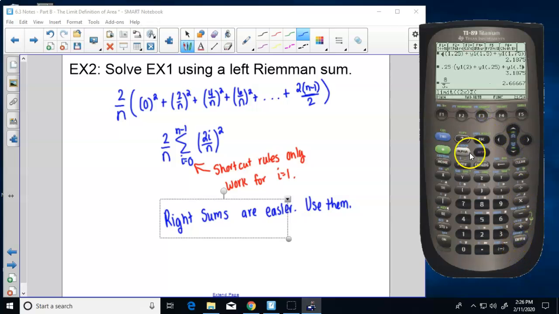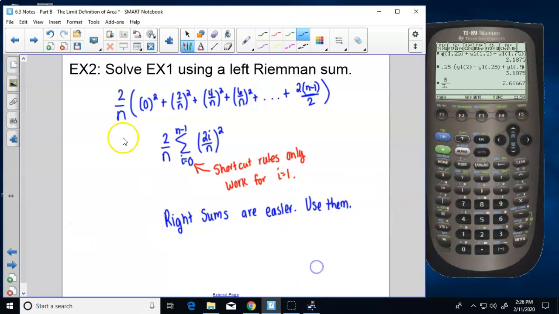I'm just curious to see if this will work. You have to use n's and i's here. Okay, let's not do it. We don't have enough time to do that. But I think the calculator will do it, it just won't be easy. So right sums are typically going to be easier.